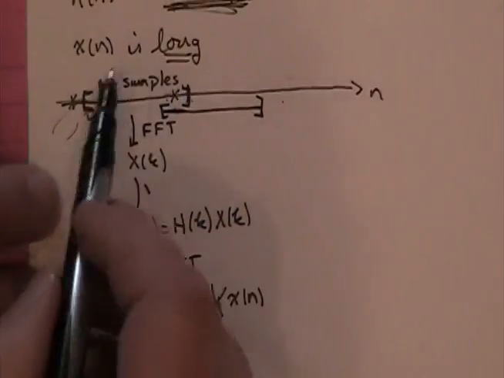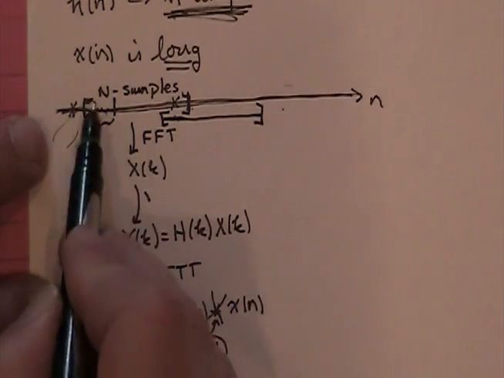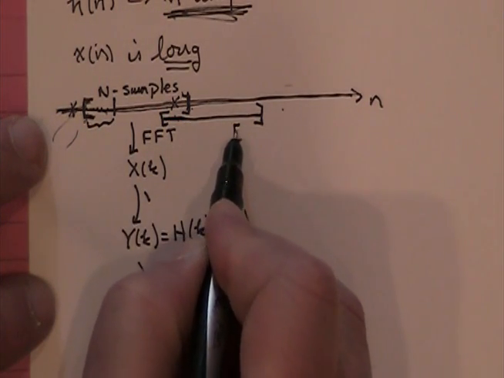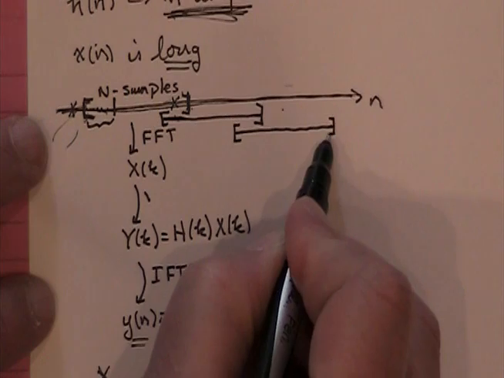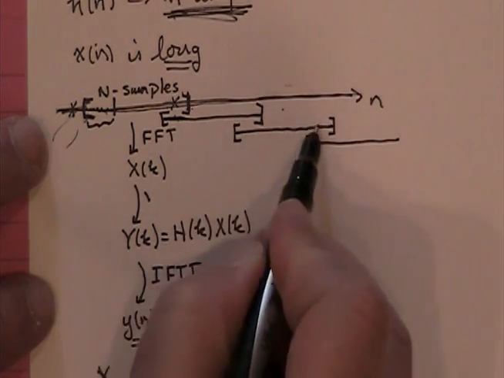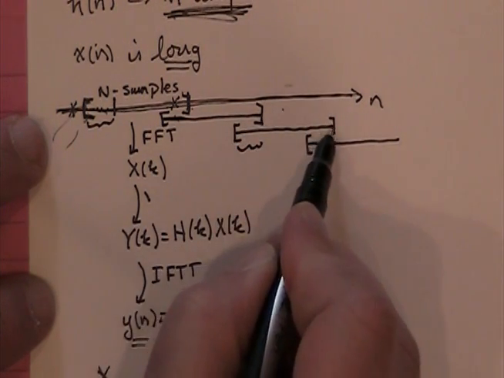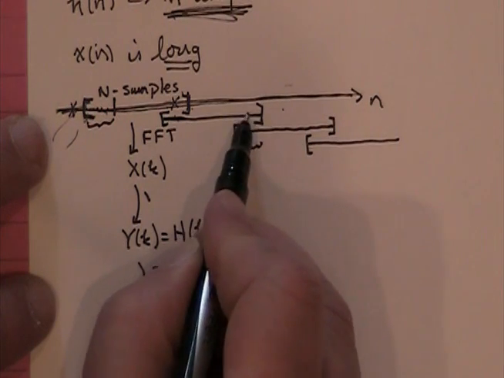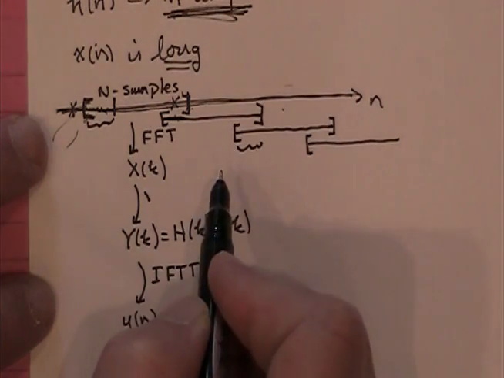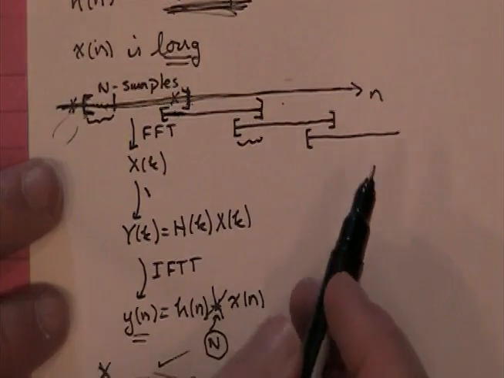Okay? And so when I take my incoming sample stream and I break it into n sample blocks, if I'm going to get away with using FFTs, these n sample blocks all have to overlap each other, right? They're all going to be a total of n samples long, but they're going to overlap enough so that on each step, I'm going to save the valid answers, and I'm going to understand that on the next step, those answers at the start of that array are messed up and are incorrect, right?